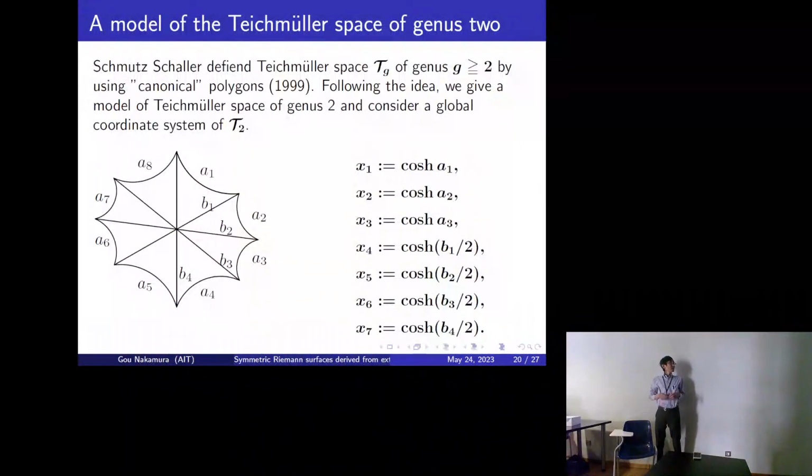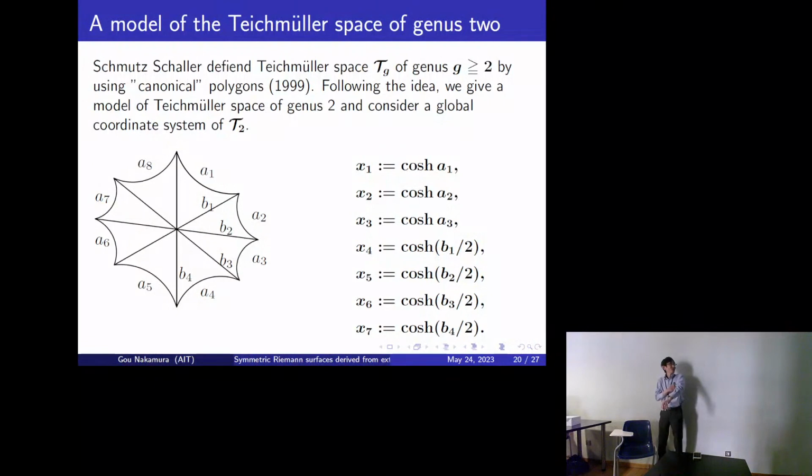Next, I want to show a model of Teichmüller space of genus 2. Shiga defined the Teichmüller space T_g of genus g by using a so-called canonical polygon in 1999. Following the idea, we give a model of the Teichmüller space of genus 2 and consider a global coordinate system of it. The canonical polygon is like this.